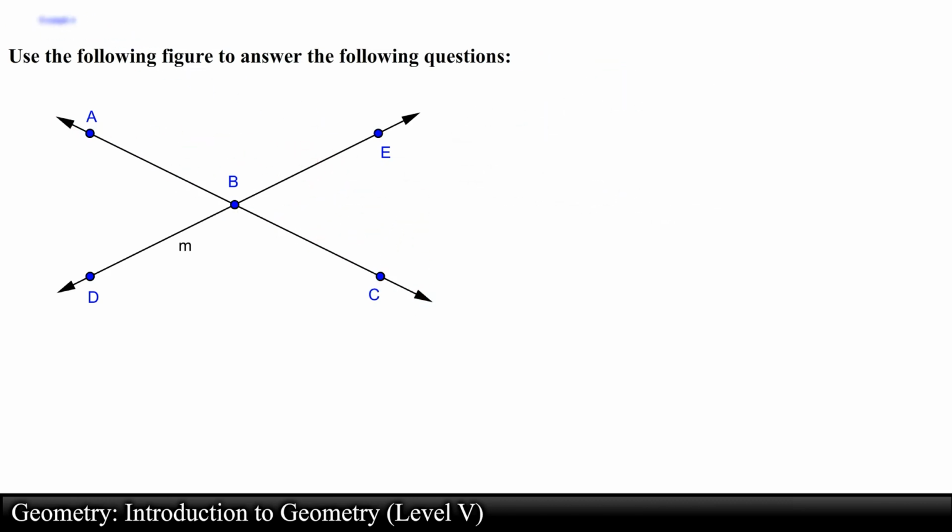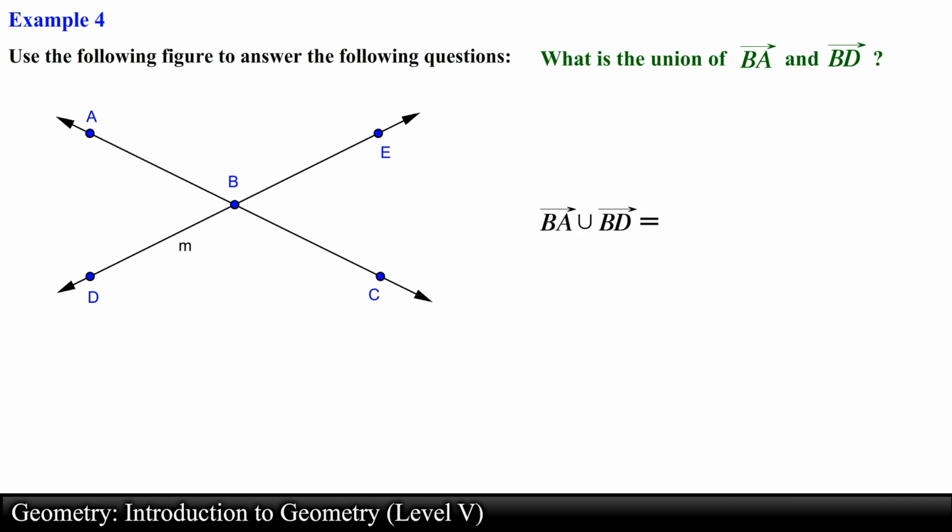Alright, let's try the next example. What is the union of ray BA and ray BD? Using set notation, this problem translates to the following expression. First, let's locate each of the rays. Ray BA is located here, and ray BD is located here. You can think of the union as a merger between these two rays.